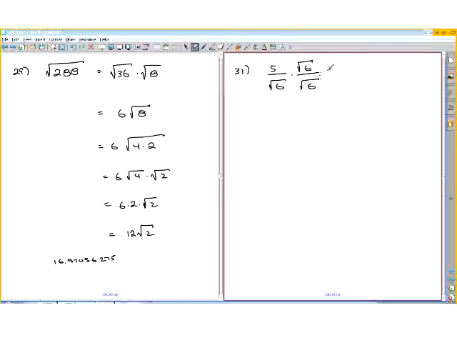This is equivalent to 1. So when you multiply the square root of 6 times the square root of 6, you get 6. And then the numerator becomes 5 times the square root of 6. And that number is 2.04124, no matter which way you do it.